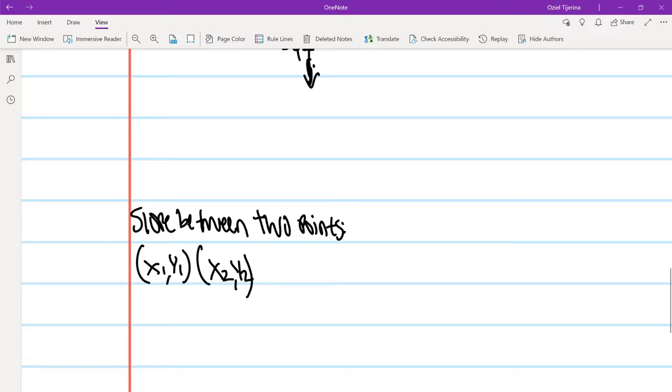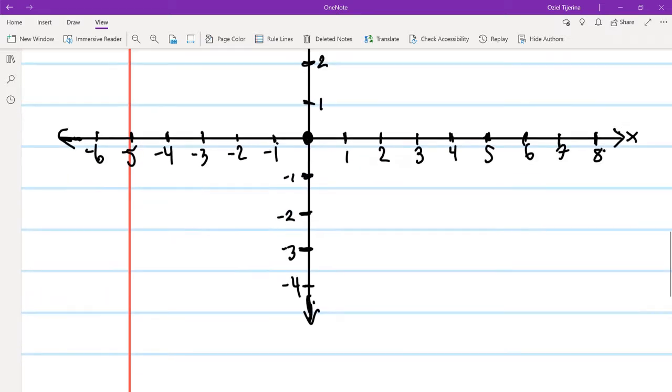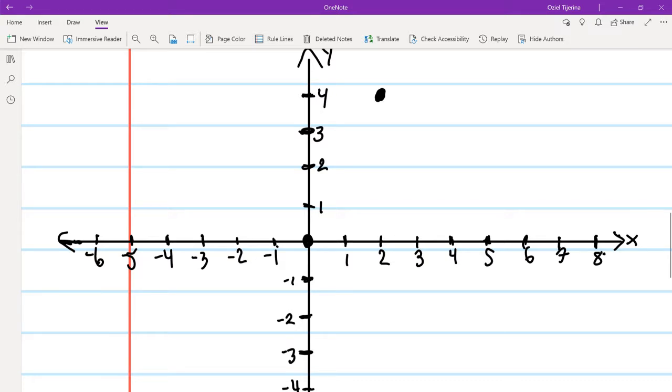So the slope is basically, it's not the distance, but it is basically how much you're going up by in y and how much you're going by in x.